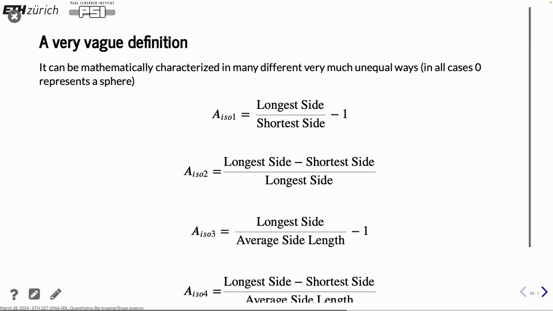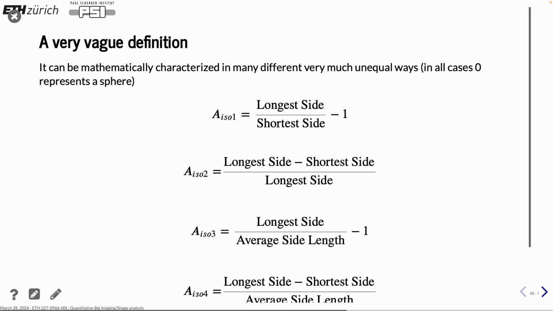There are quite many ways you can define it, and often it really depends on the application how you define your anisotropy. You can take the longest side over the shortest side minus 1, or you can take the longest minus the shortest divided by the longest, and so on. You can be very creative in how you combine these.